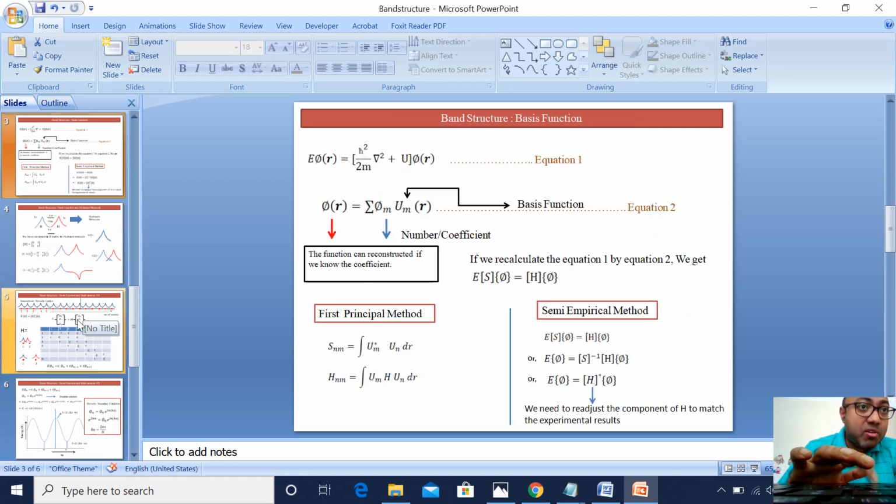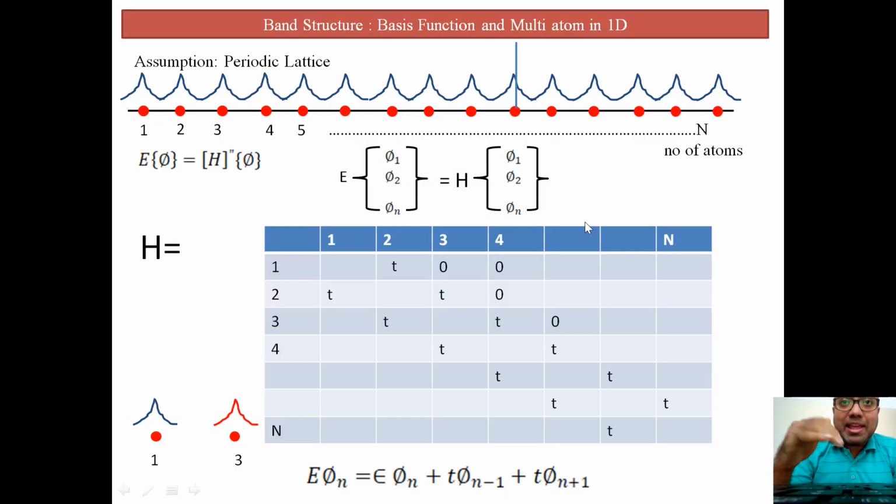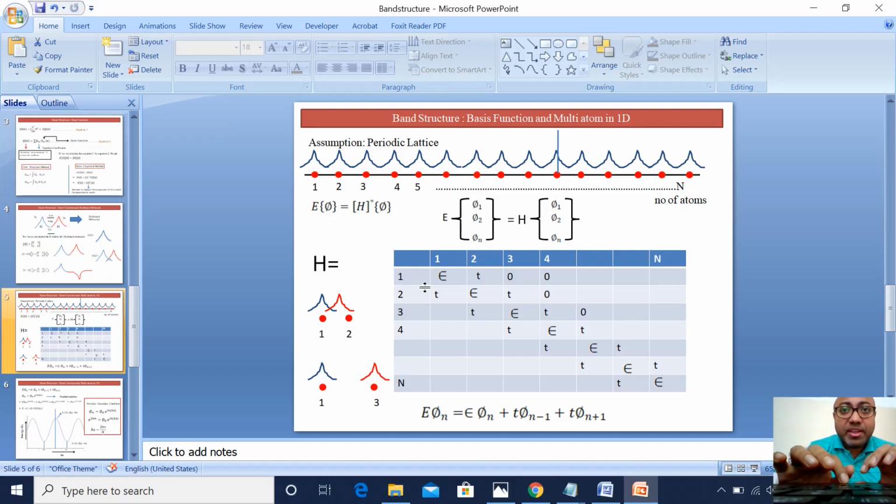But here, since we are studying analytical solutions, we can neglect this part. We can avoid this part, telling that H1 and H13 atoms are so far away from each other that they are not really talking to each other.